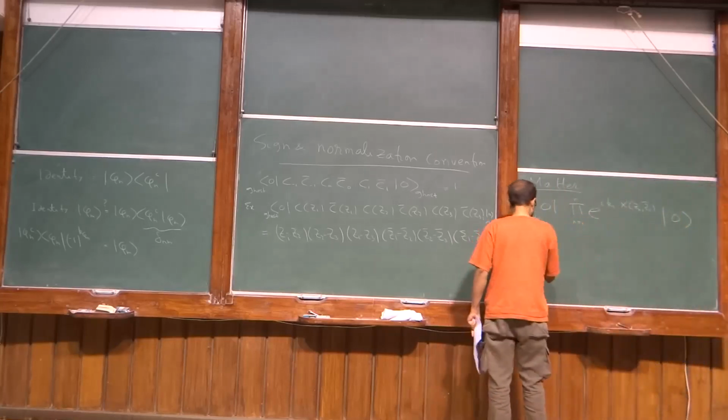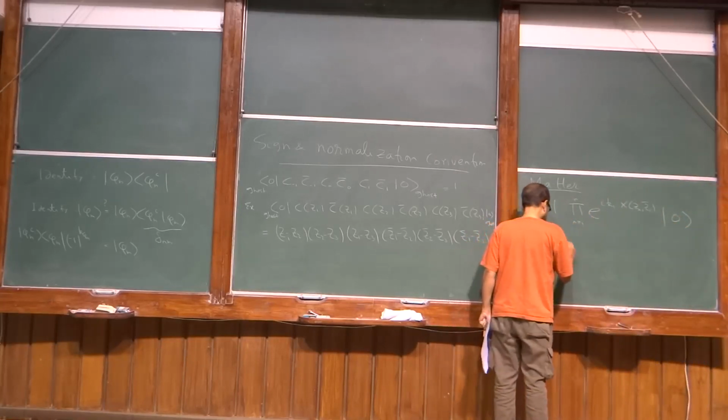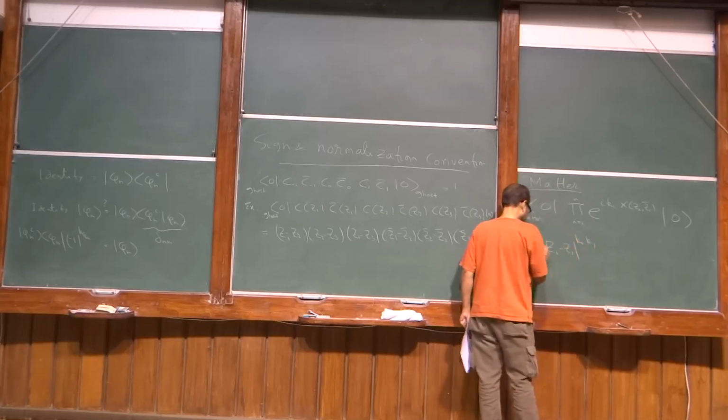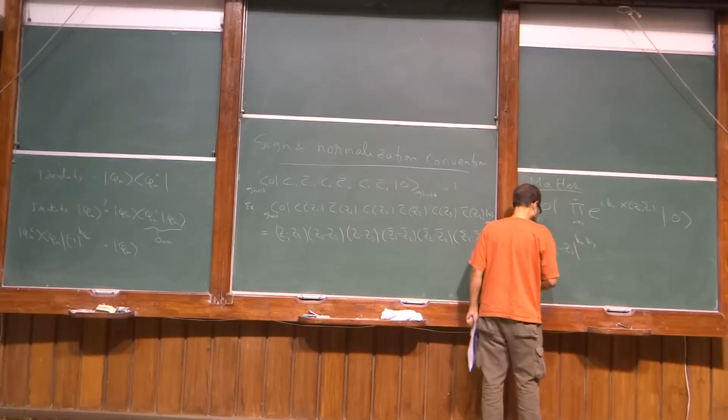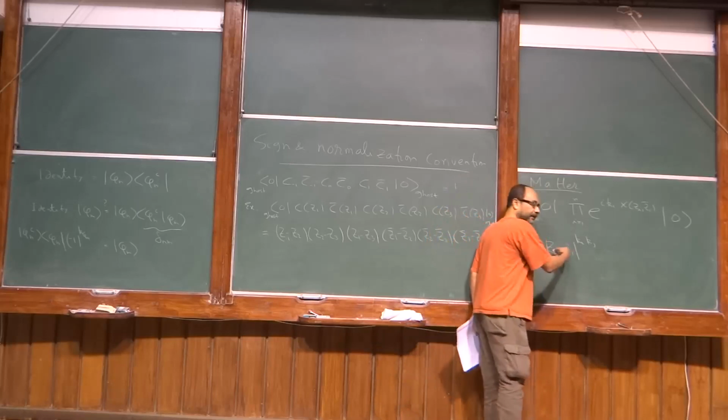So the z dependence we have already seen earlier, of the form z_i minus z_j to the power k_i over k_j, product. Okay, this you cannot do anything about.